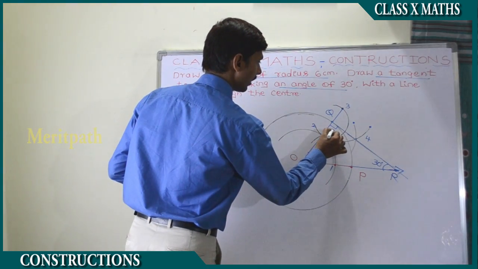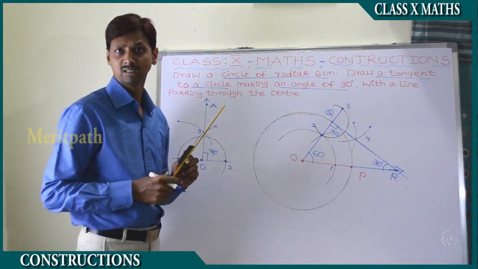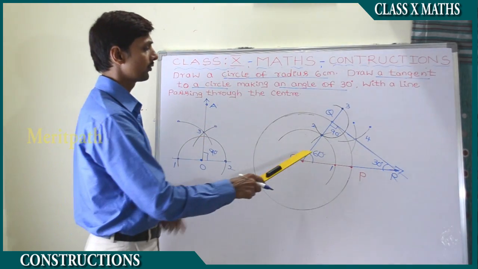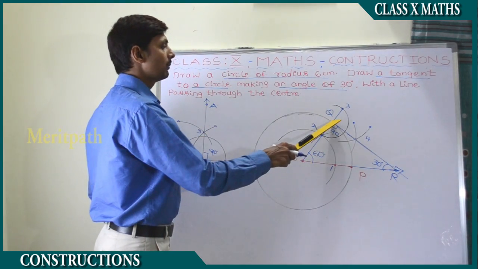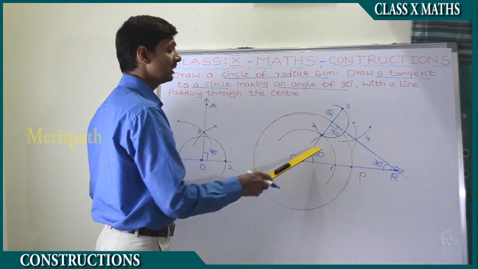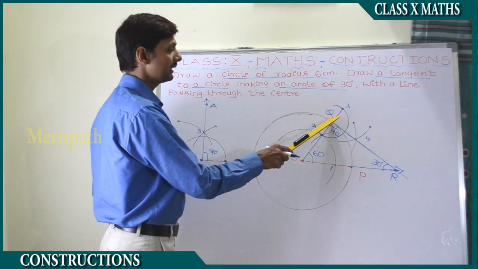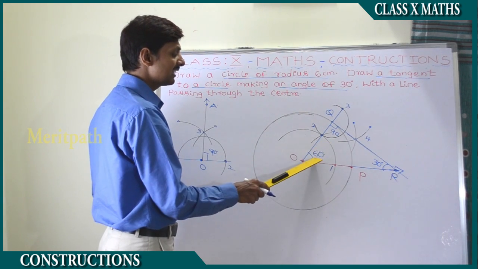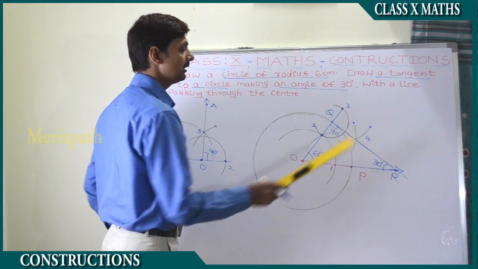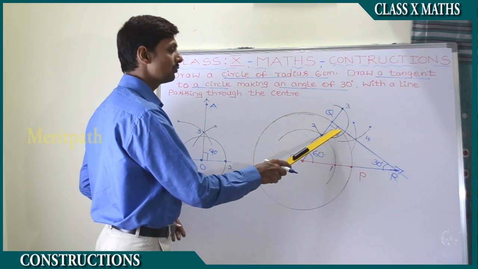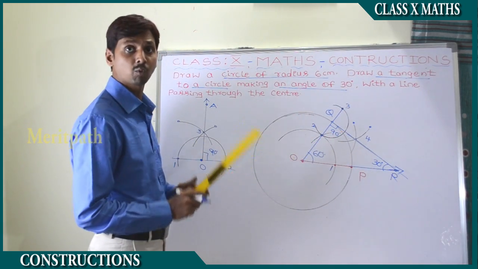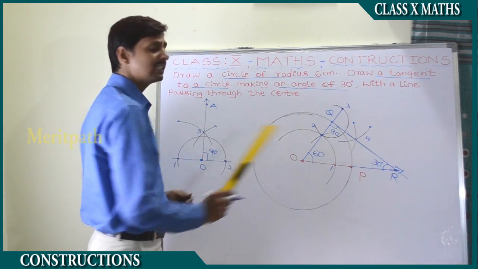We have proved this in an earlier theorem in circles. So from the center to the point of contact on the tangent, it's a perpendicular line. So it makes a 90 degrees angle to the tangent. So 60 and 90 is 150, and using the property of triangle, it will be 30 degrees.